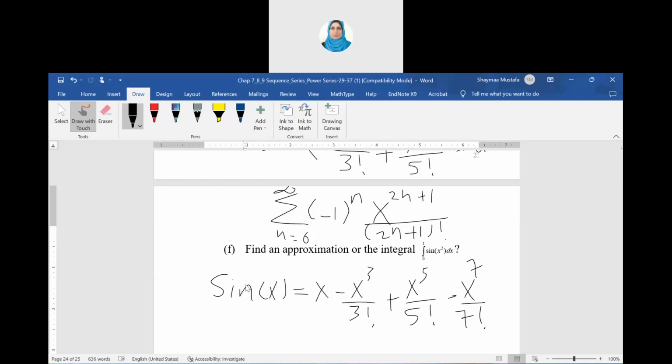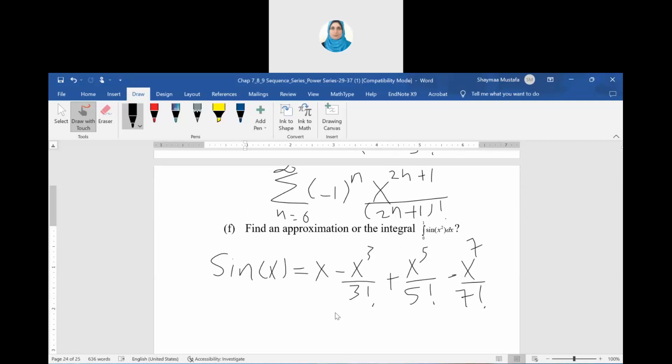So this is the Maclaurin series for sine x. I will use it to find the integration of sine x squared.